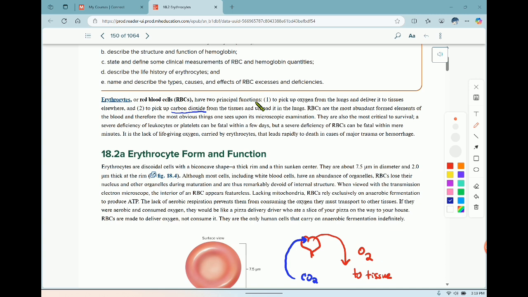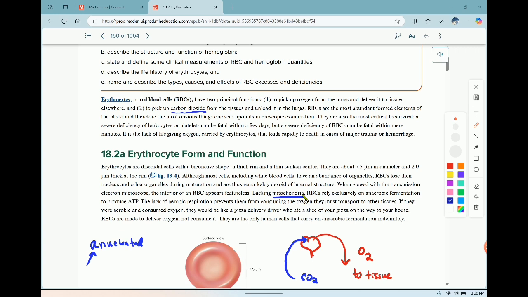Another thing about red blood cells is they are anucleated. When you add the prefix a to a word, that means without, so they are without a nucleus. The reason for that is if a cell has a nucleus, that means it has a mitochondria, and it has all these other things that will need energy.